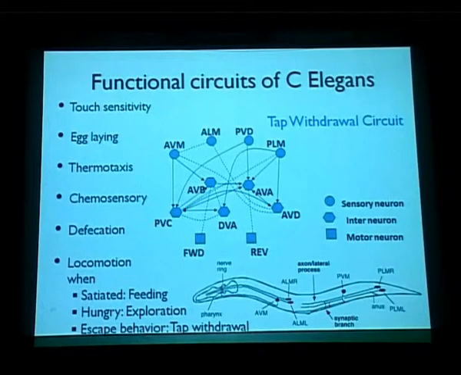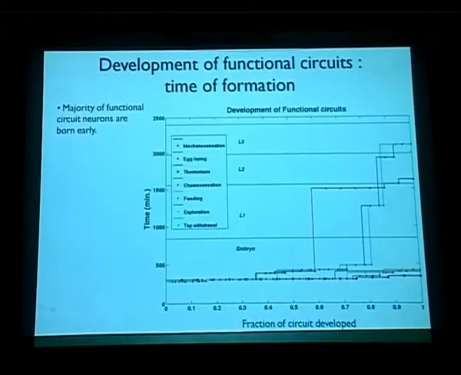So what we went on to look at is how the development of the functional circuits fits in with time of formation, and we find that the majority of functional circuit neurons are born early. As you can see, most of them are born while the worm is still in the embryonic stage.